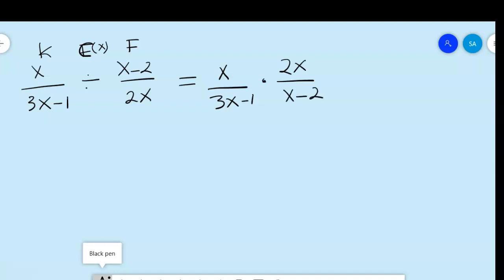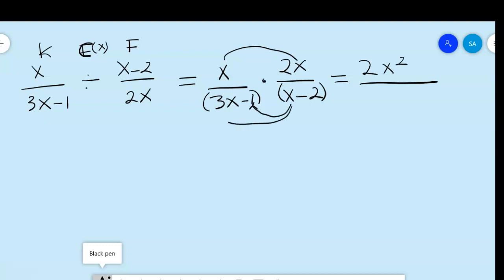Now we multiply numerator by numerator. Here is 2 terms, so we put the parentheses. This is just multiplying this by that, so you get 2x squared. Here we have 2 terms and 2 terms, so when you multiply, you're going to get 4 terms. This goes here and here. You multiply that first, and we get 3x squared.